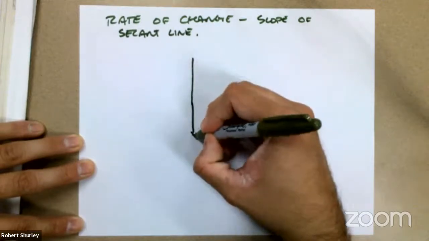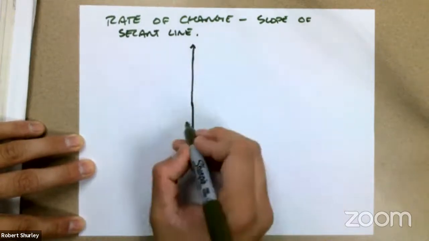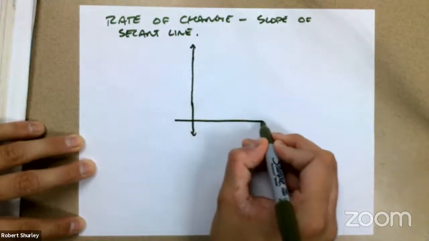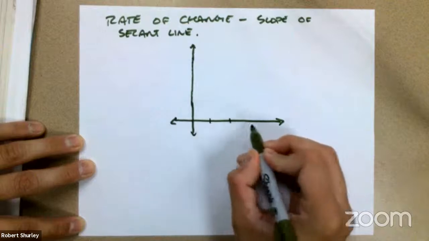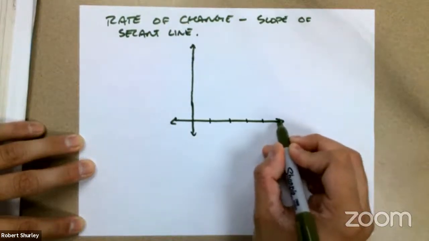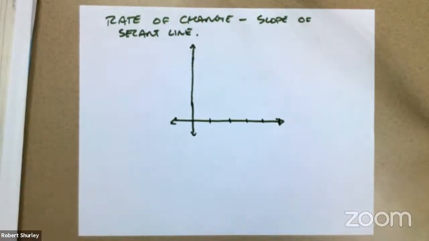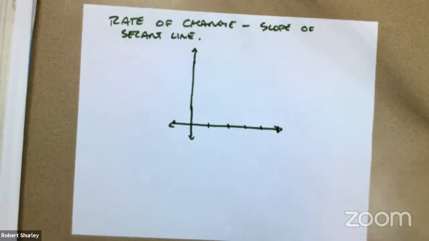Let's say, make this one a little bigger because we're going to steal some coordinates off of it. Okay, we're going to use some real world data here. Let's look at a stock.